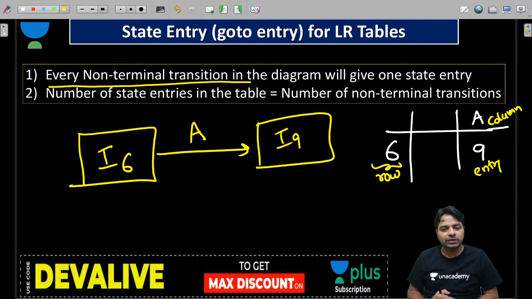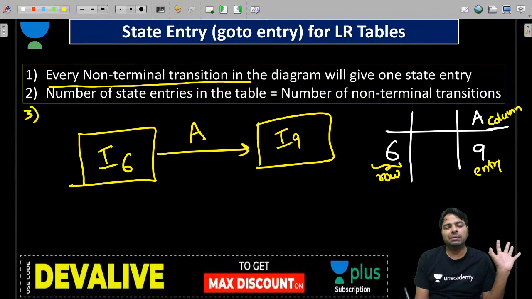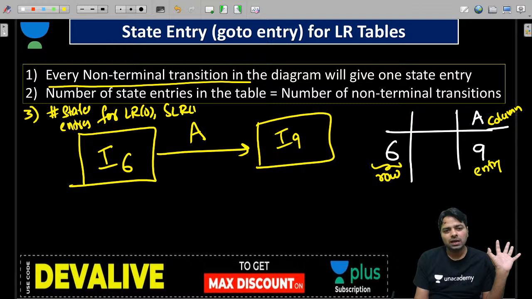Clear? Good evening, Nishu. State number. And this rule is also the same for all: LR0, SLR1, LALR1, CLR1. And if anybody asks about the number of state entries, the number of state entries for LR0, SLR1, LALR1 is the same.